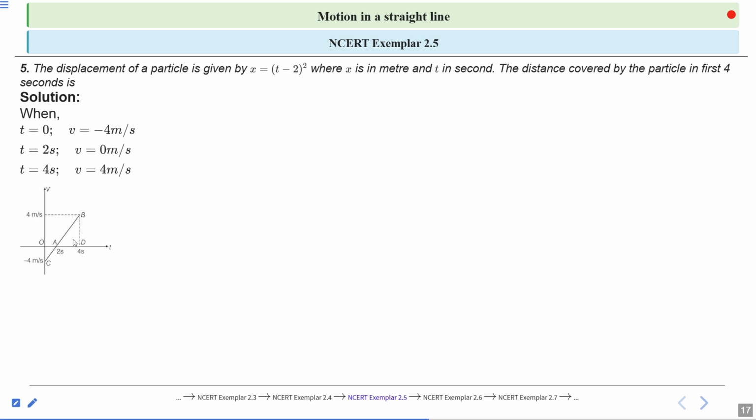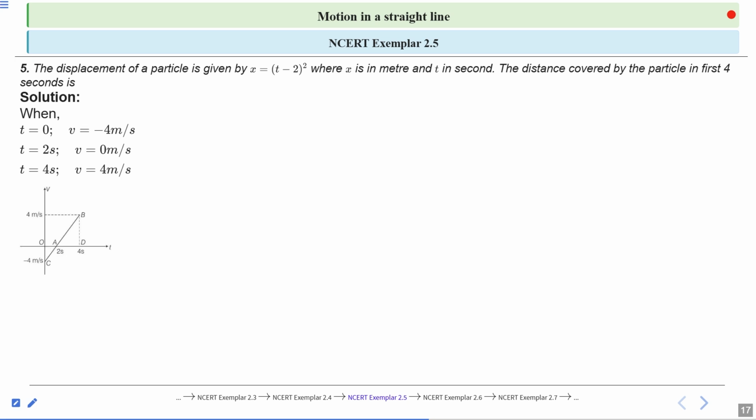Now substitute the values of t and velocity on the graph. So this is the v-t graph. When t = 0, it is at the origin, and the velocity is −4 meter per second, so 0 and −4 at point C. At t = 2 seconds, at point A, velocity is 0.